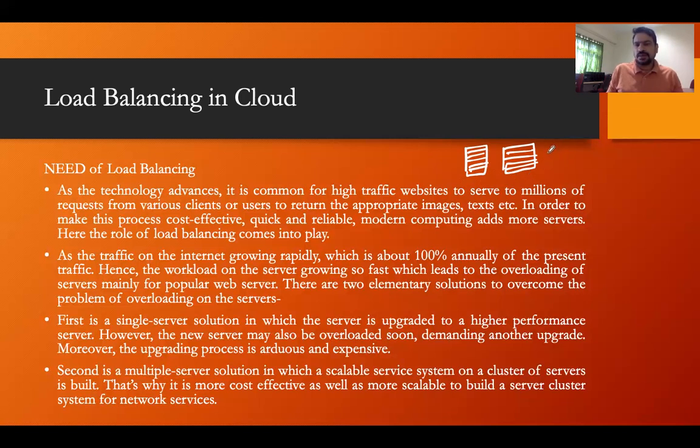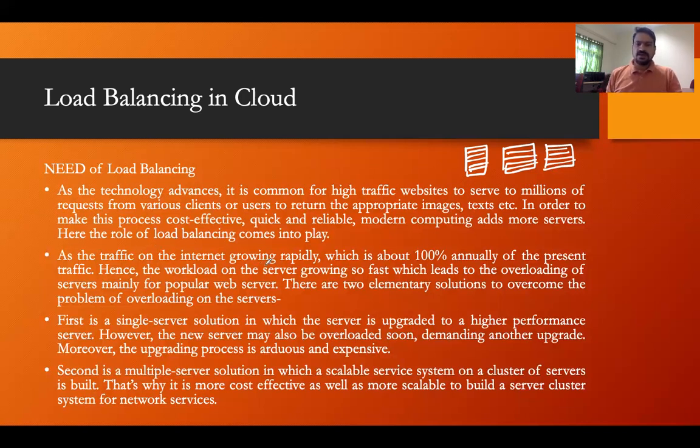All the time we have to get these servers again and again, right? If one server cannot fulfill the requirement, we have to get another server or other computing resources to add on, and to serve those millions of requests that are coming at a particular second or time to that particular server.